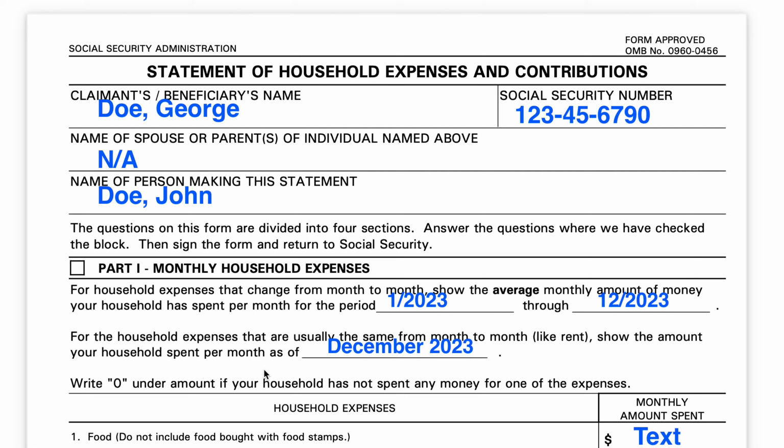For example, if you live with someone but you pay for all of your own food, then that provision is not going to apply to you.